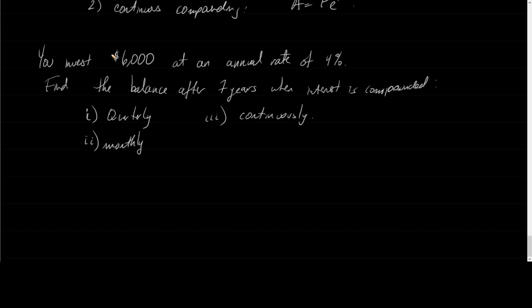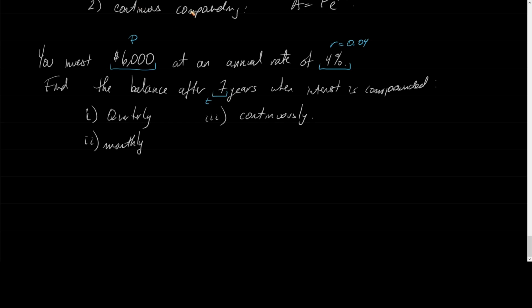If we're investing $6,000, that is our principal. Our rate is 4%, but as a decimal it will be 0.04. And we have this value of t for years. Our t is 7 because it's 7 years.